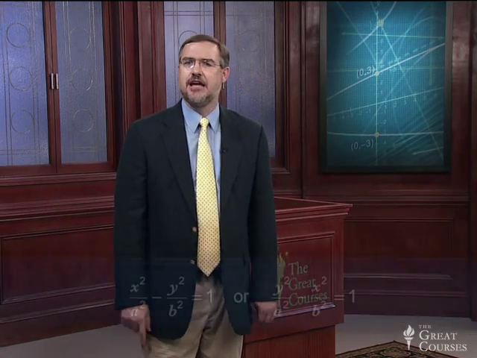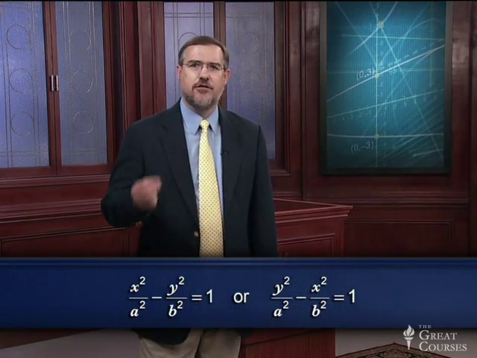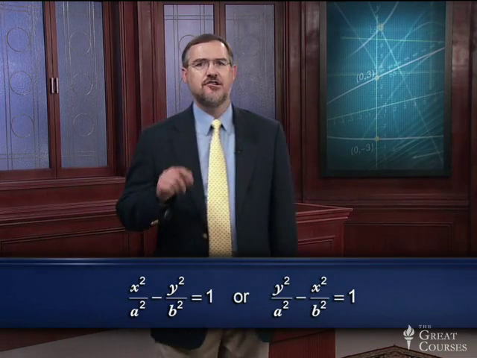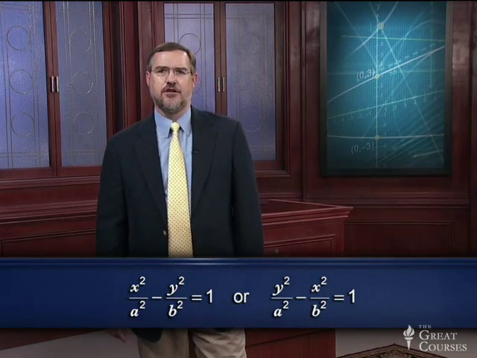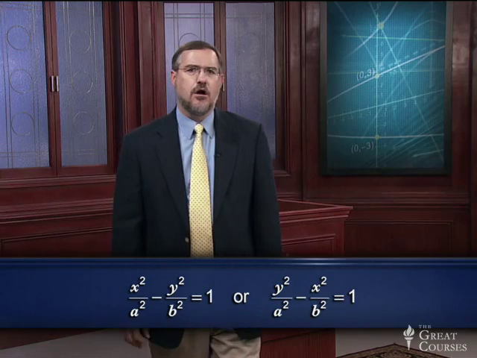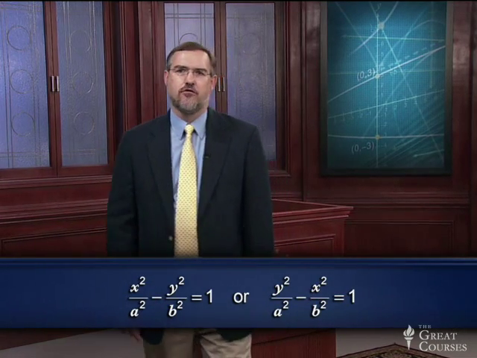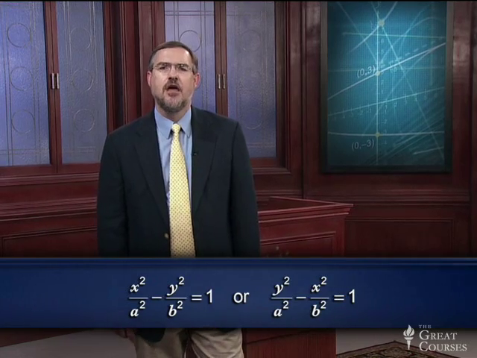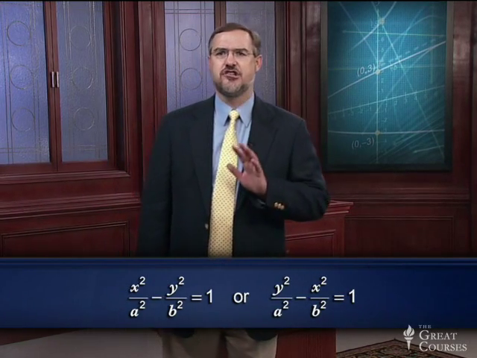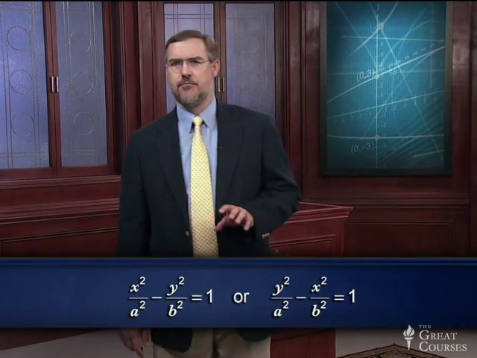The standard form of a hyperbola's equation always looks like one of two things. It either looks like x squared over a squared minus y squared over b squared equals 1, or y squared over a squared minus x squared over b squared equals 1, where a and b are just non-zero real numbers.